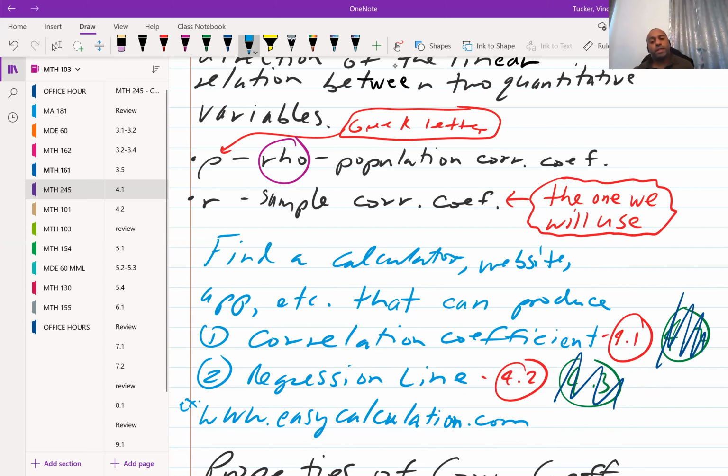So the correlation coefficient is 4.1, the regression line is 4.2. All right, any questions?